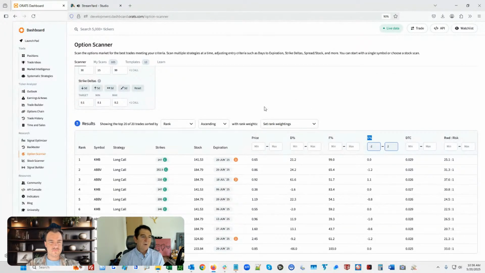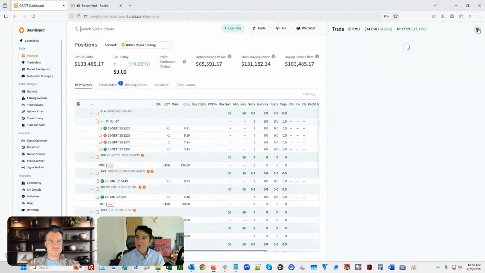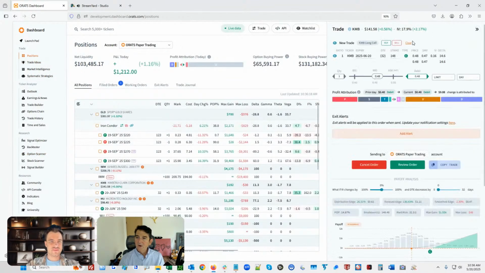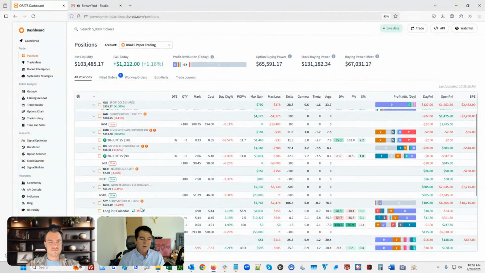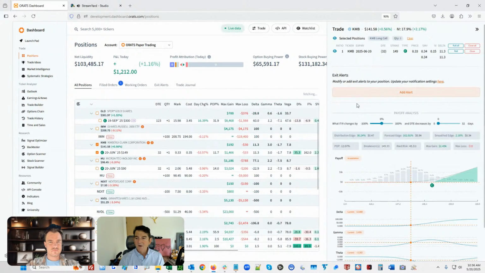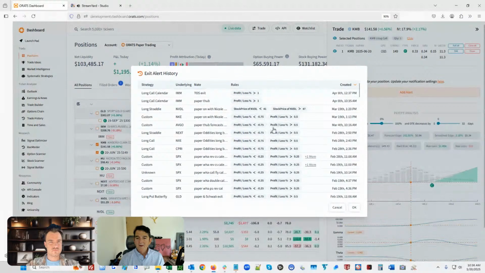And then we did get a trade on in KMB, and what I'll do in this one is give myself an alert. I'll want to trade out of it if we lose 75 or 50.